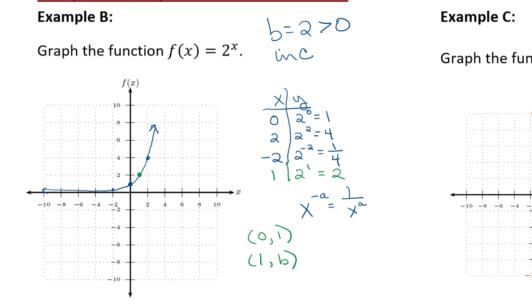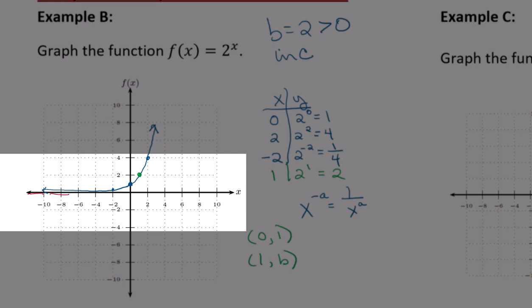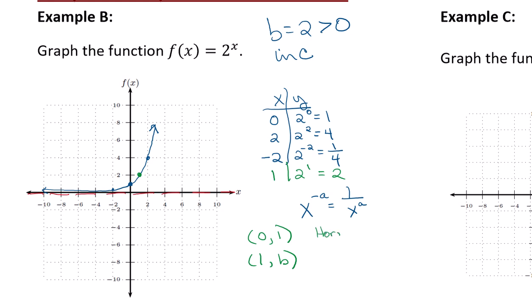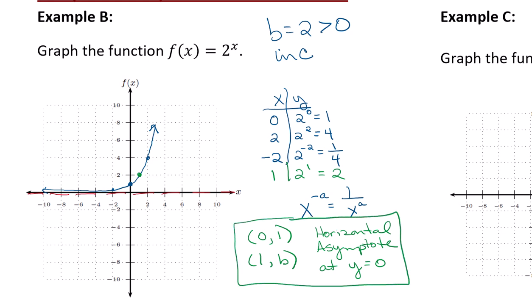The other thing you might notice is this will never cross the x-axis. We have a horizontal asymptote. And the x-axis is y equals 0, that linear equation. So these 3 facts, those 2 points and that horizontal asymptote, will always exist regardless of what that base is, as long as we're not adding or subtracting or multiplying anything else.